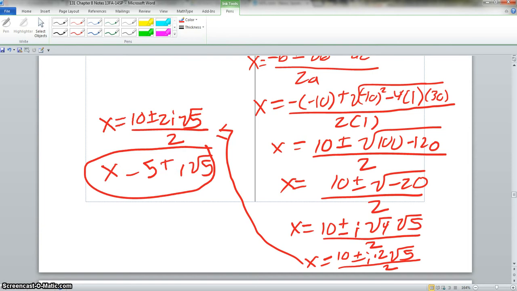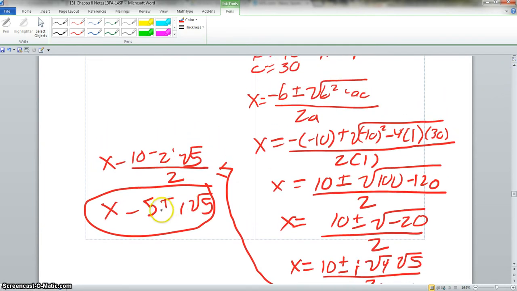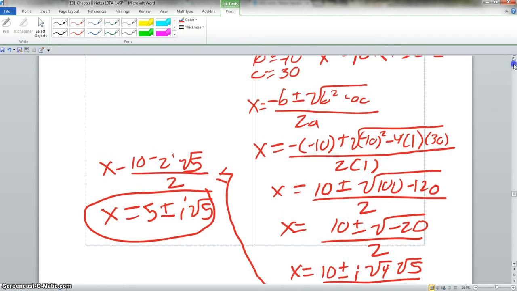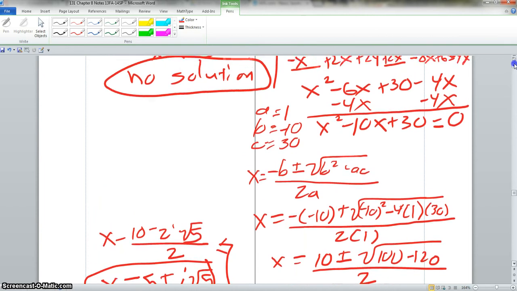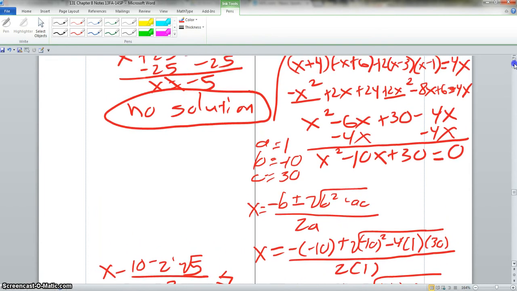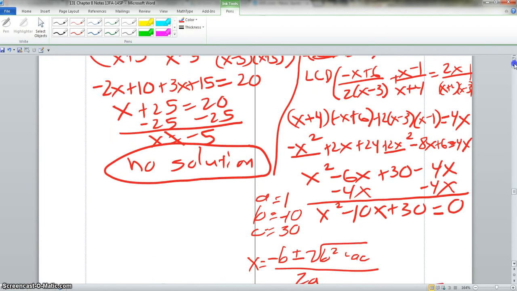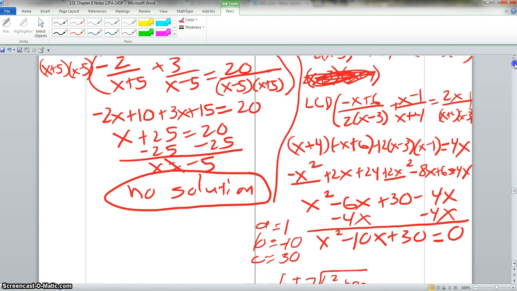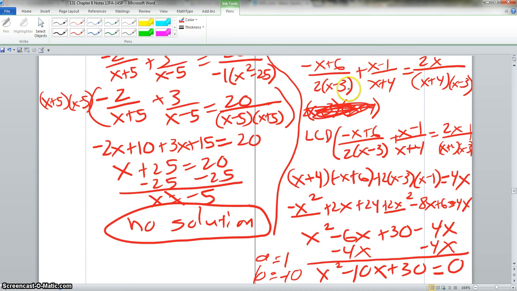Now this should be our final answer, but let's go up here just to be sure. When we go back up to the original problem, scrolling up just a little bit here, we look at all of these denominators.